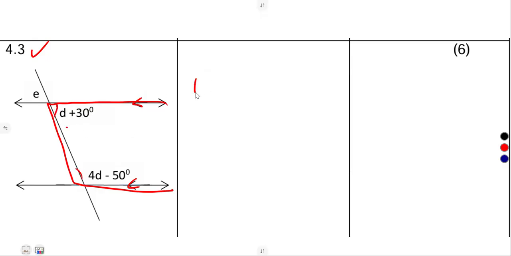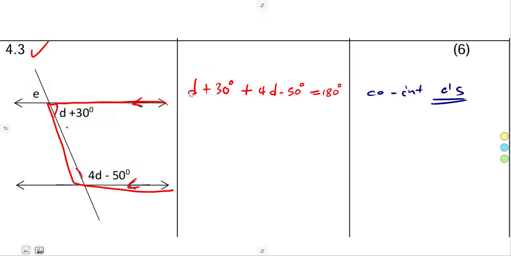The angle D plus 30 degrees, if I add it to 4D minus 50 degrees, I must have 180 degrees. These are co-interior angles. Remember your co-interior angles from the properties of parallel lines. That's why we formed an equation, guys.